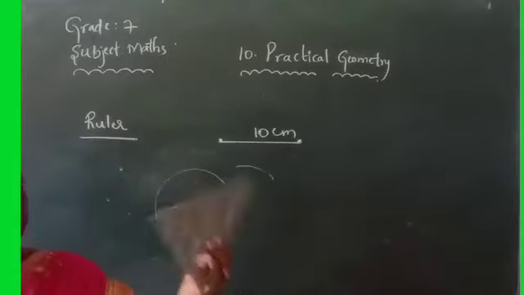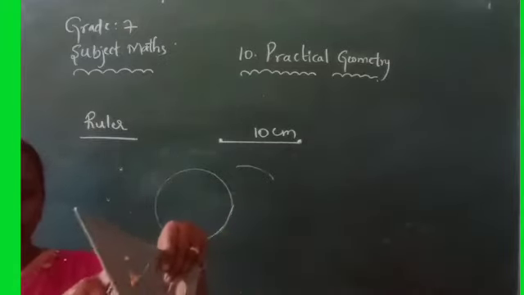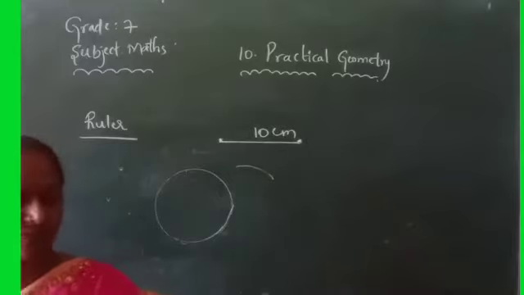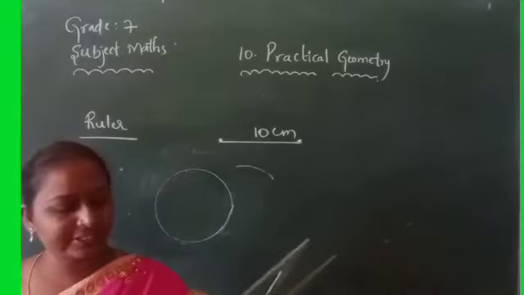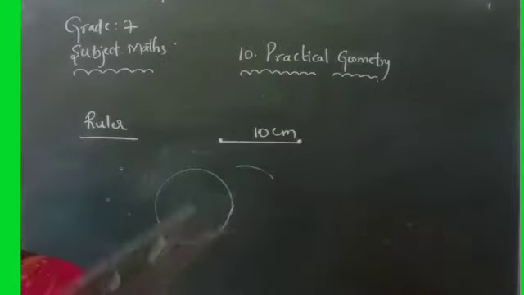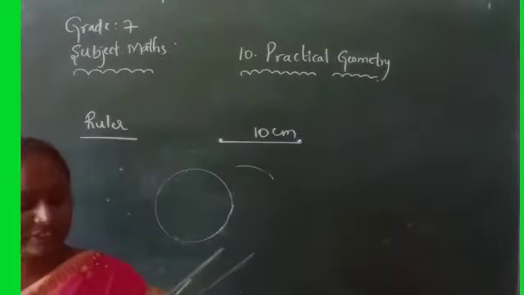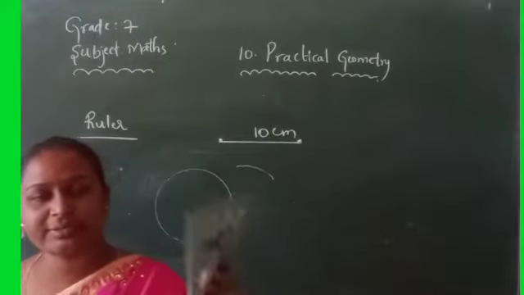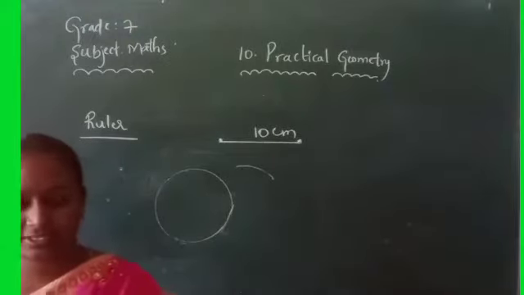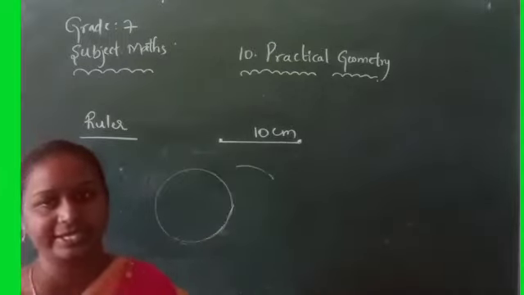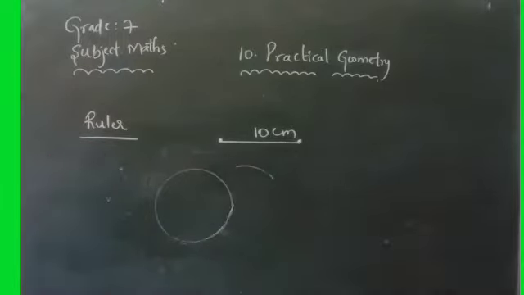The other is 30 degrees, 60 degrees and 90 degrees. Why are we using these set squares? To draw perpendicular and parallel lines. What is the name of this? A set square.